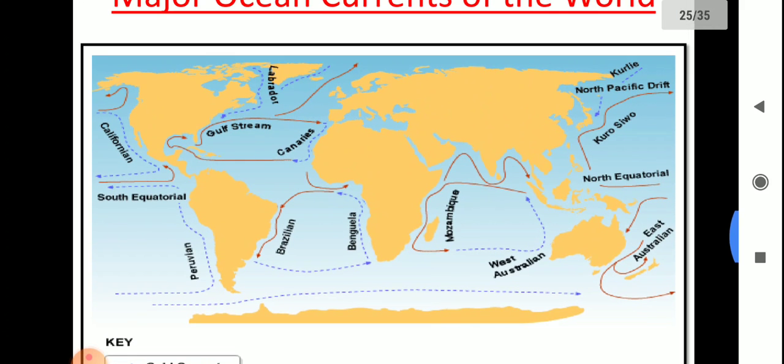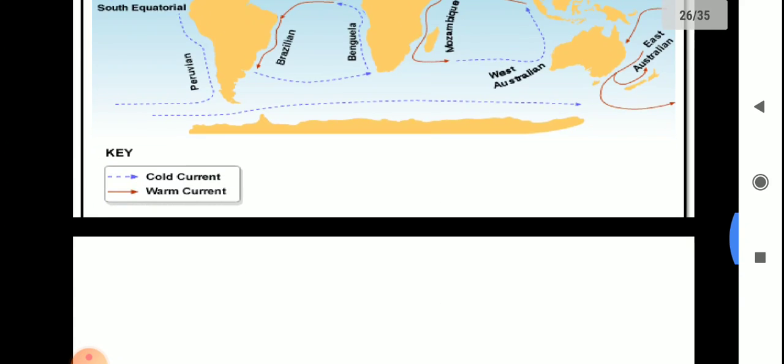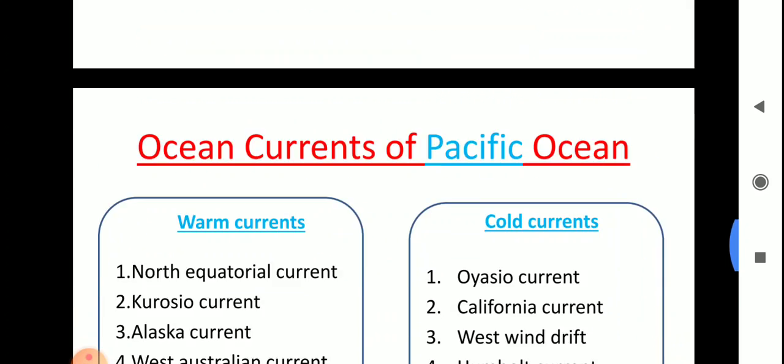There is very high growth of plankton, and numerous fishes can be seen, and these are the major fishing sites across the globe. So this map will help you understand how the warm currents and cold currents flow across the globe. Okay, so ocean currents of the Pacific Ocean, you can see here.